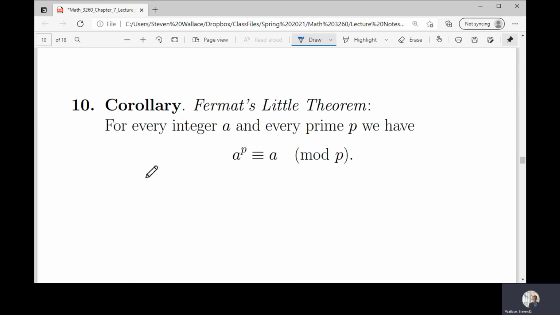The last corollary I'm going to talk about here before we take another little break is Fermat's little theorem. You may have heard of Fermat's last theorem, but I'll do one more example after this.